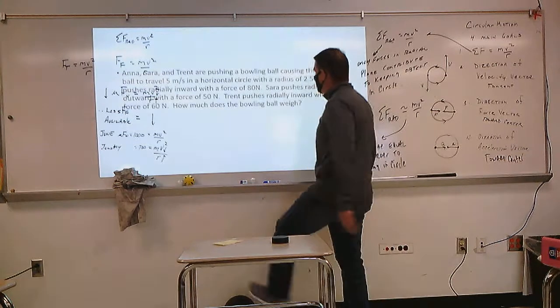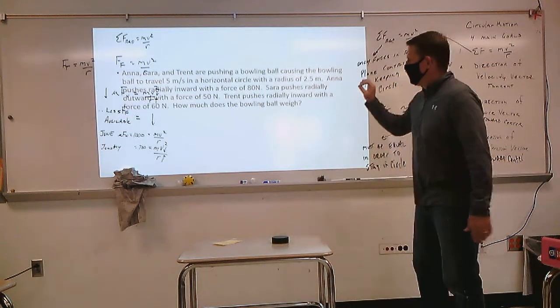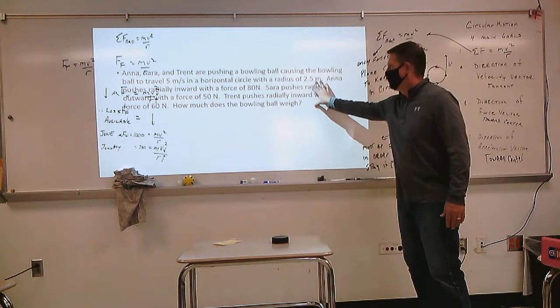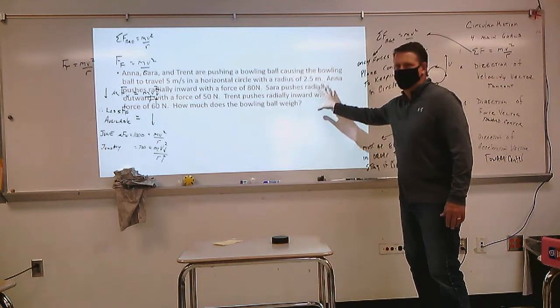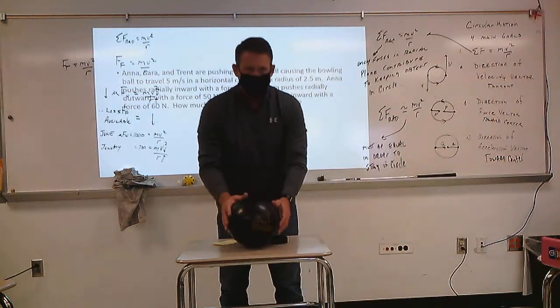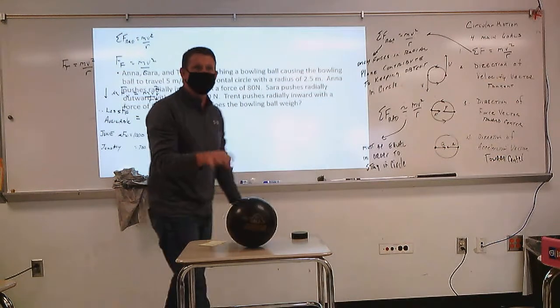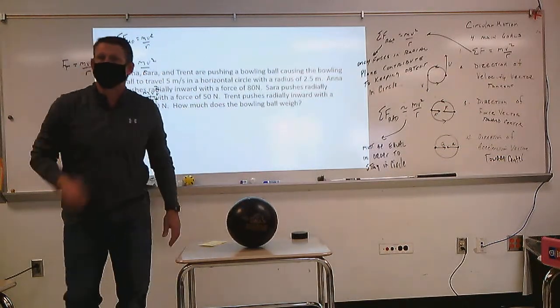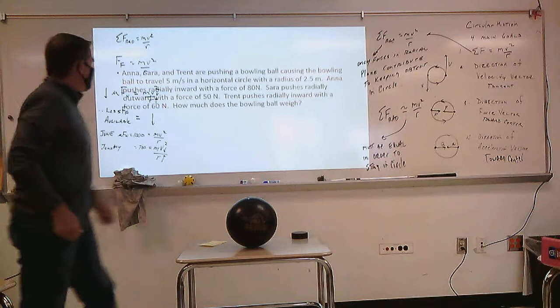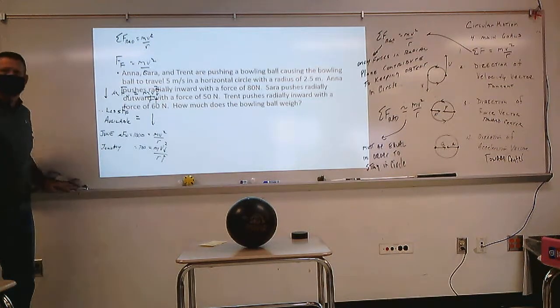Anna, Sarah, and Trent are pushing a bowling ball, causing it to travel in a horizontal circle with a radius of 0.25 meters. Here's the bowling ball. As soon as you see the word circle, how do we start this?